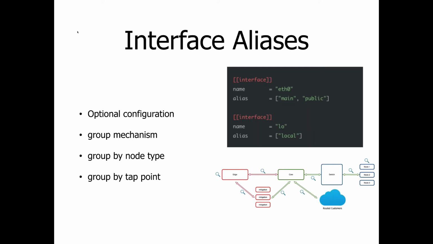No. But maybe you have some legacy gear, some non-legacy gear, with different interface names and totally different named hosts. But you know for sure you want to do X capture on all of them. Let's look at our DDoS scenario. I want to do X capture on all post mitigation. You could just create an alias in all the different sites that says post mitigation and then just use that alias.